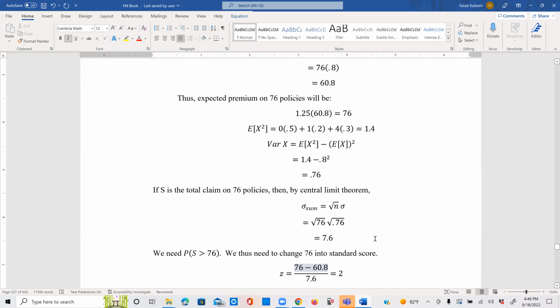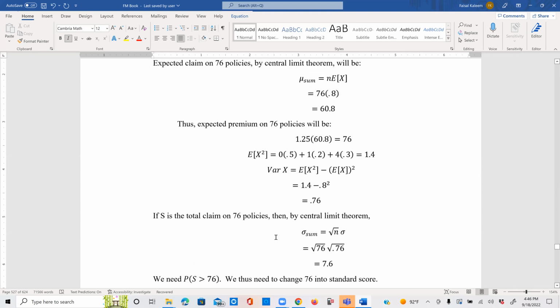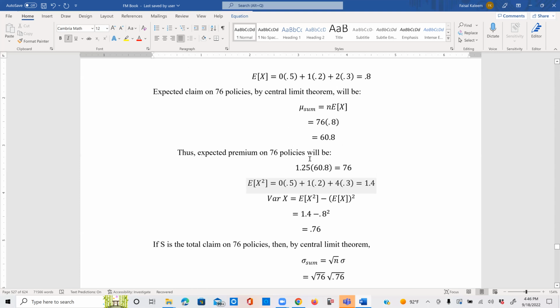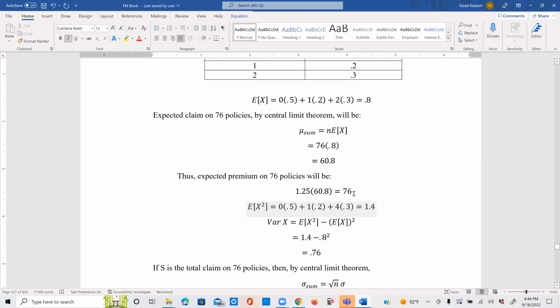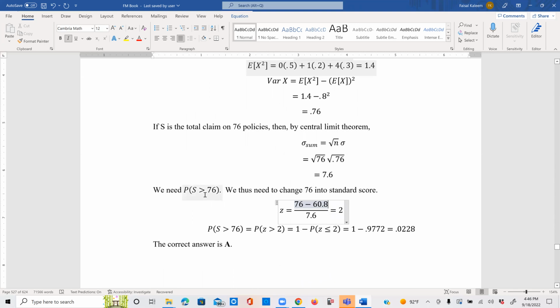And the question was to find that this sum total claim exceeds the total premium on the 76 policies, which we calculated to be 76 over here. And so we have to find probability S greater than 76. Therefore, we need to change the 76 into a z-score.